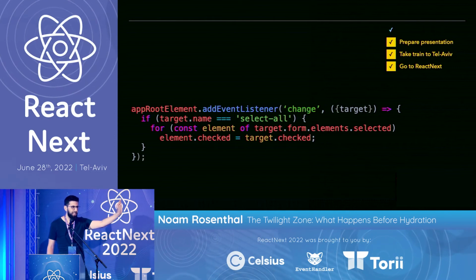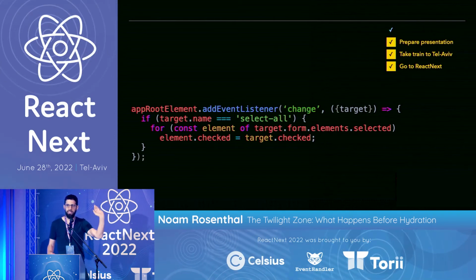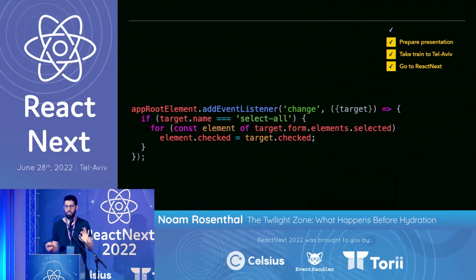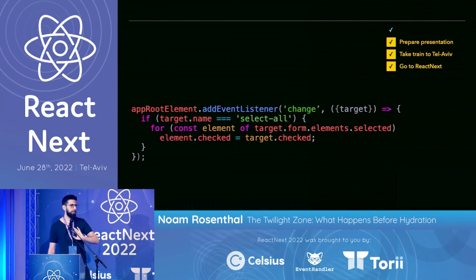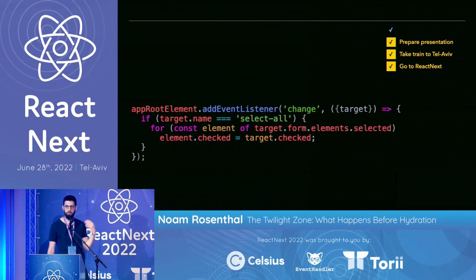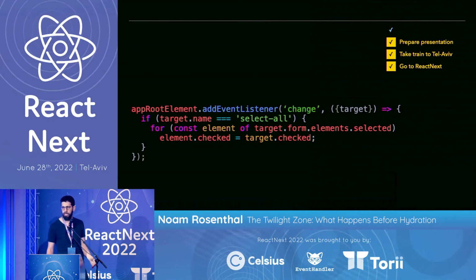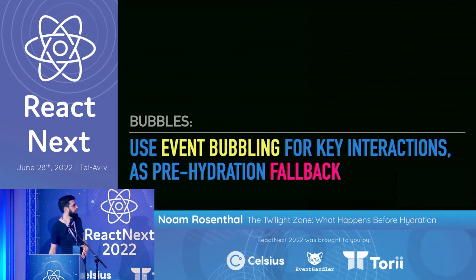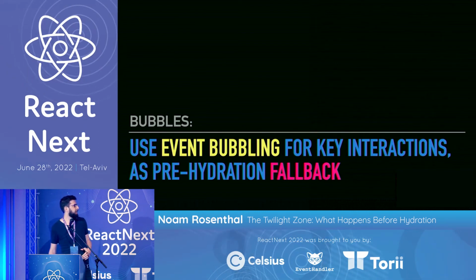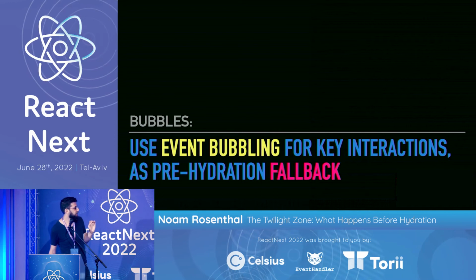You put a fallback somewhere and it's there for very key interactions. It doesn't interfere with your DOM, it's out there. Once you're hydrated, it's gone because of bubbles. You don't have to do if hydrated in all kinds of places. So use bubbling for key interactions as pre-hydration fallback.